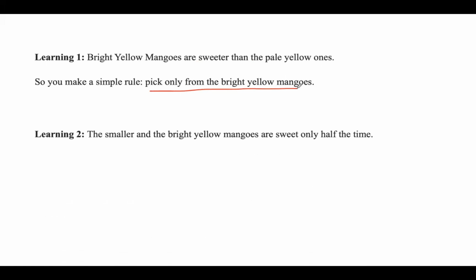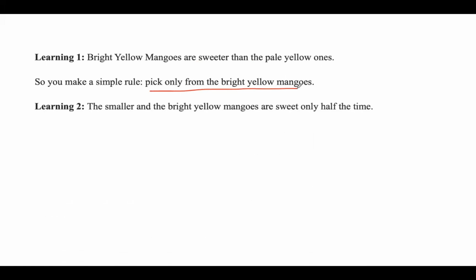So learning two. That is your second experience. The second time when you went to the market to buy mangoes, you check and find that smaller bright yellow mangoes are sweet only half the time. So based on the previous experience, you came to know this point.